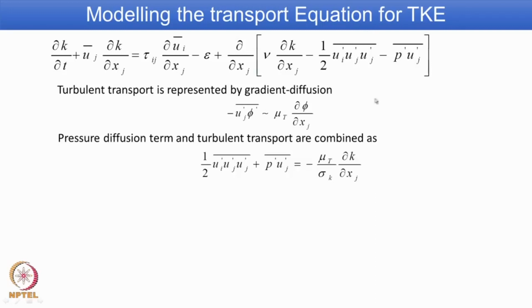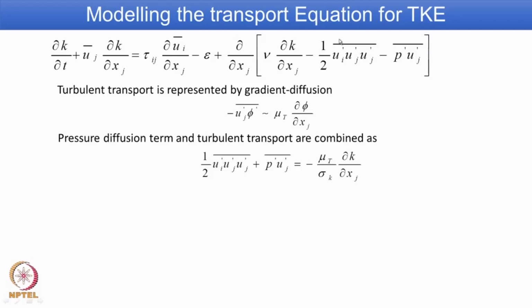Now, the pressure diffusion term, that is P prime uj prime, and the turbulent diffusion term are put together and written as minus mu t by sigma k dou k by dou x j. Now, this dou k by dou x j is again a gradient in kinetic energy, because this is an equation for kinetic energy.